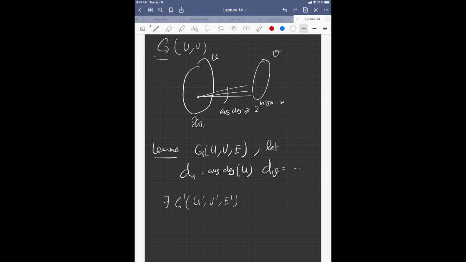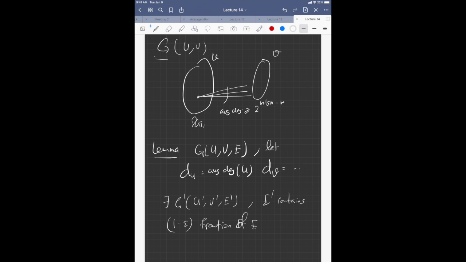such that this subgraph is non-empty, and E' contains some 1 minus epsilon fraction of E, so we retain quite a lot of edges.